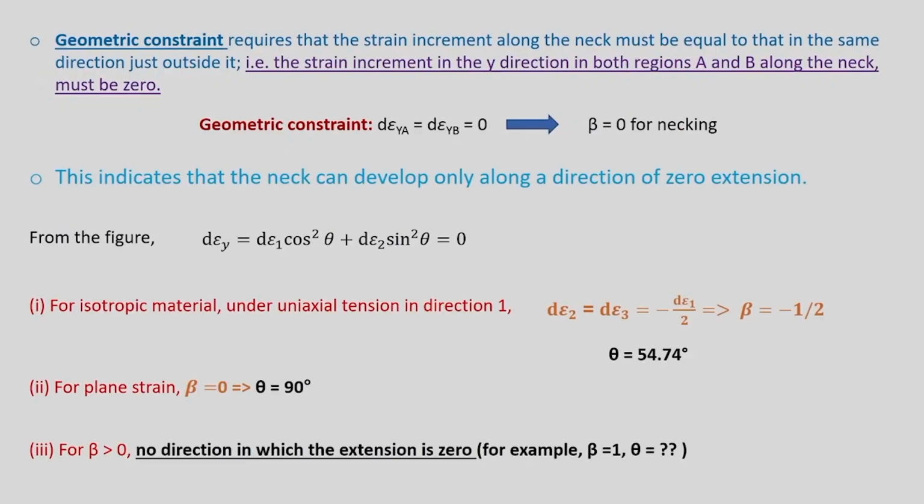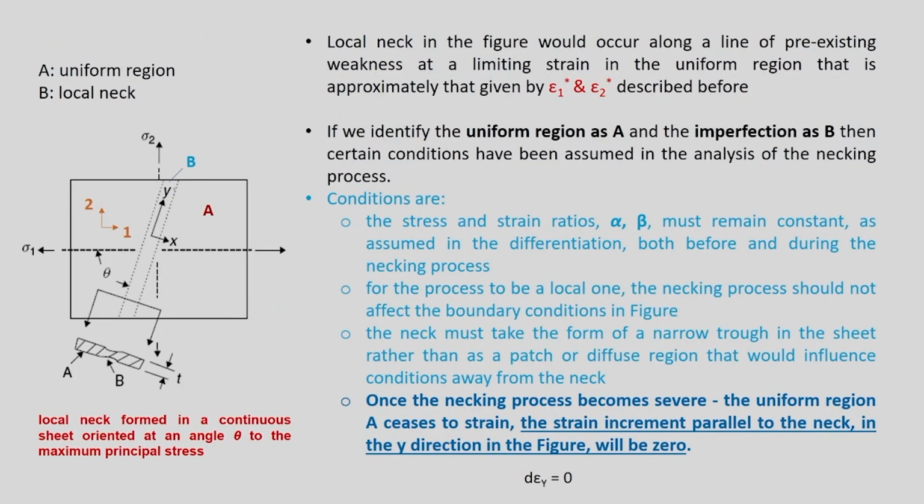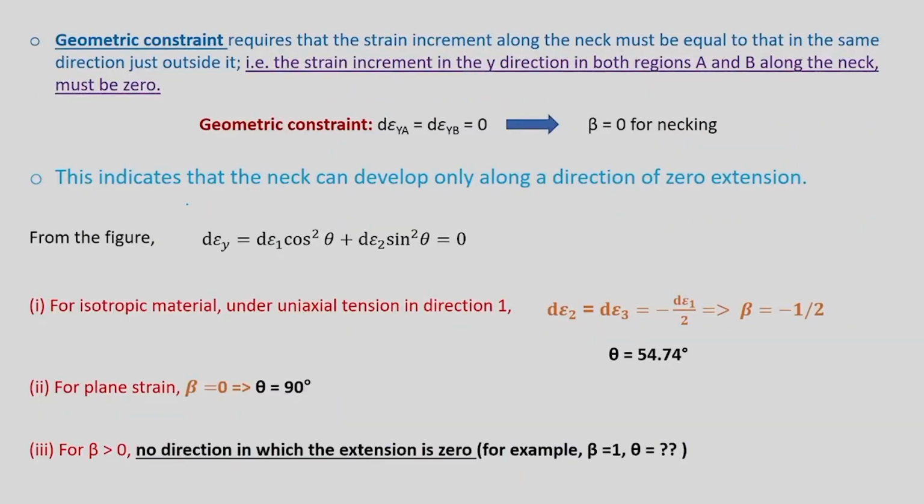That means if you want to measure d epsilon along neck, that is y in B, that should be equal to the strain increment along the same direction in A also. Why? Because these two are actually constrained. These two are actually connected. That means the strain increment in y direction, both regions A and B along the neck must be 0.